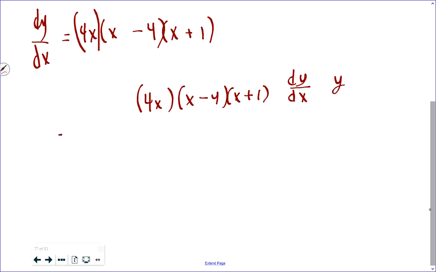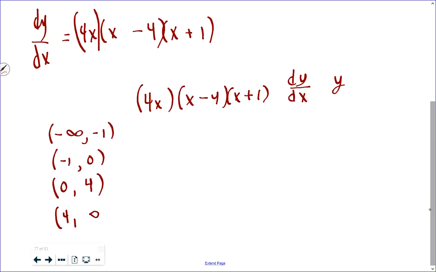We're going to be going from negative infinity to negative 1, from negative 1 to 0, from 0 to 4, and from 4 to infinity. Again, everybody, generally speaking, things are going to ramp up tomorrow.